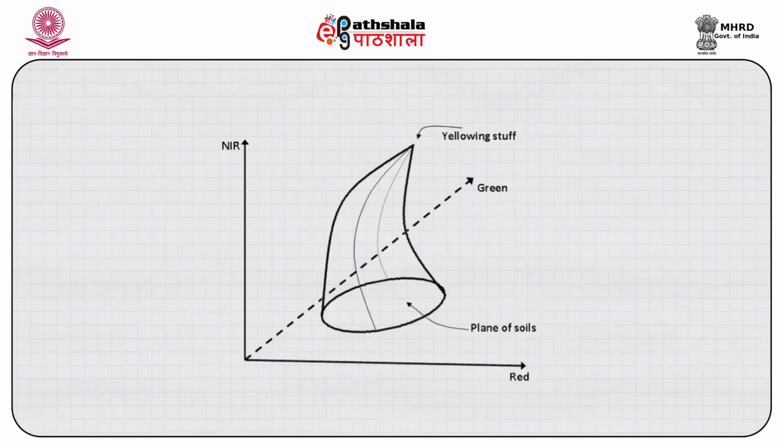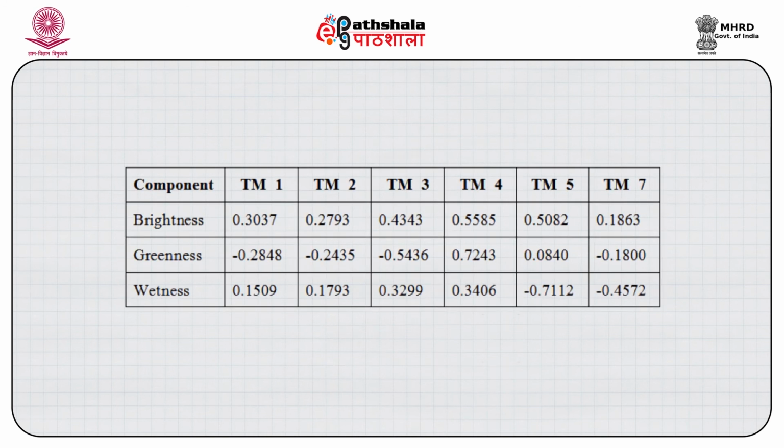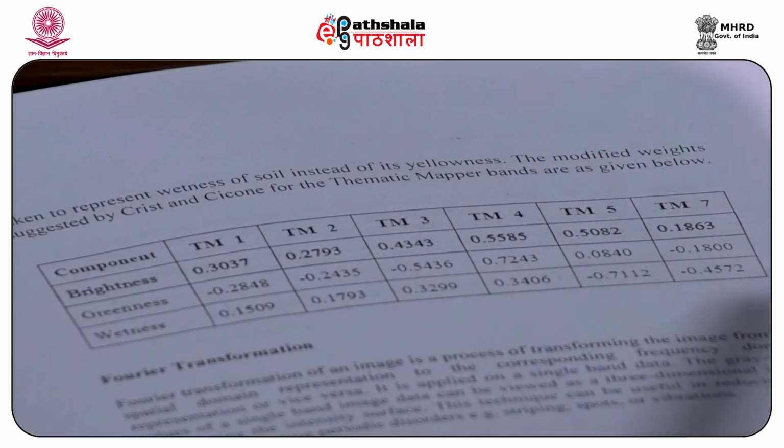There is another modified version of this KT transformation that has been suggested by Crist and Cicone. They have suggested another weight table which includes 3 components: first is brightness, then greenness and wetness, and the weights have been suggested for the 6 bands of the Landsat Thematic Mapper, that is TM1, TM2, TM3, TM4, TM5 and TM7.